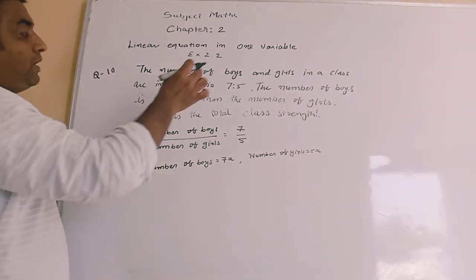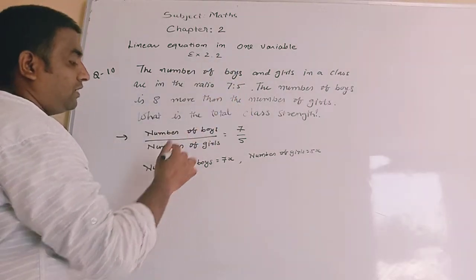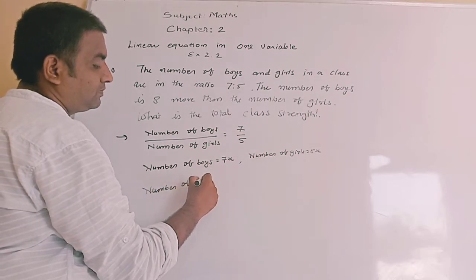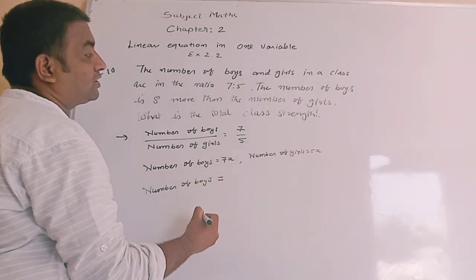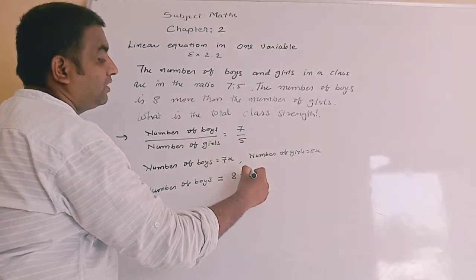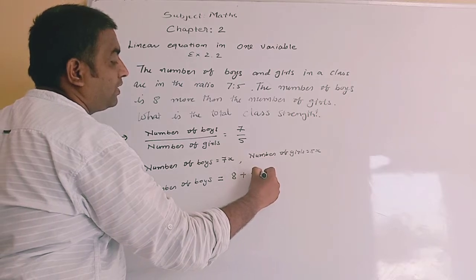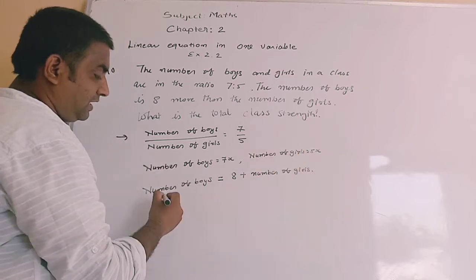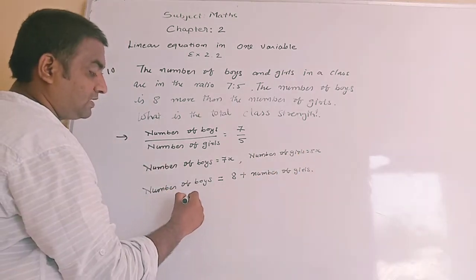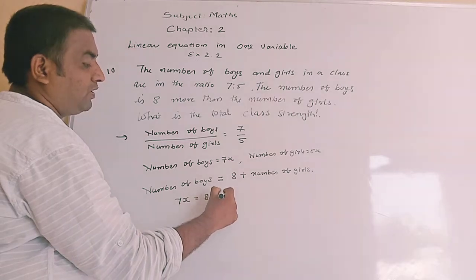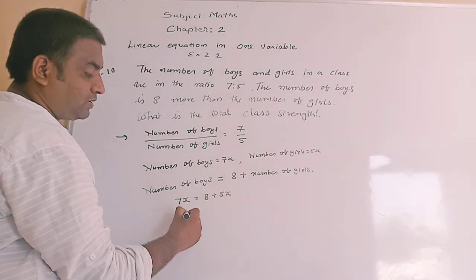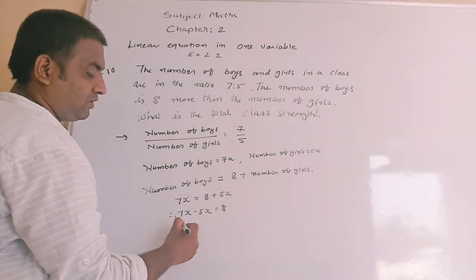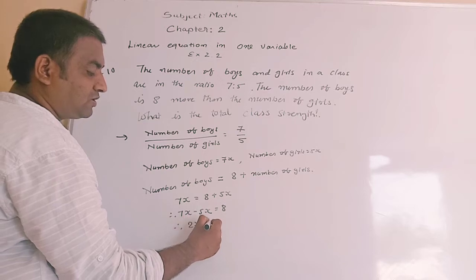Now the number of boys is 8 more than the number of girls. So here the relation is given: number of boys equals 8 more than number of girls. So very easily, number of boys 7x equals 8 plus 5x. So 7x minus 5x, bringing the 5x from the right-hand side to the left-hand side, equals 8, and so 2x equals 8.